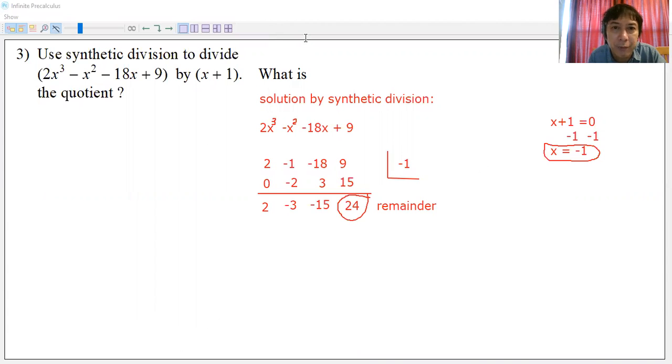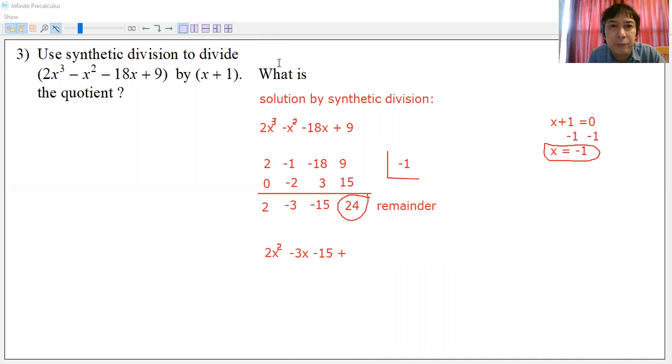So this will now be written, starting with 2x squared, and then of course followed by negative 3x, and then minus 15, that's x to the 0. And so we have a positive 24. So the next sign will be a plus sign for the 24.